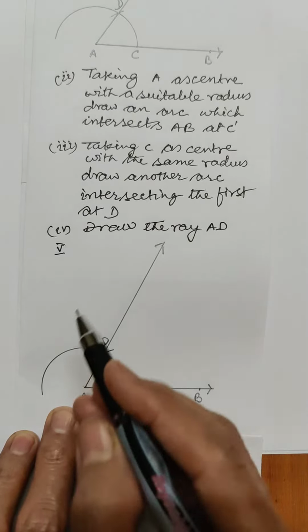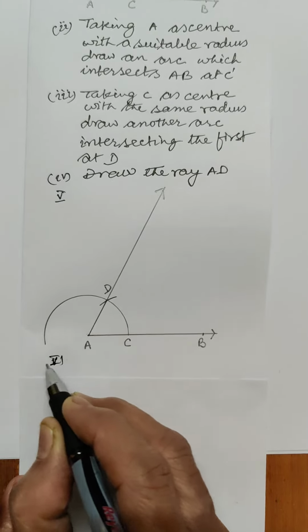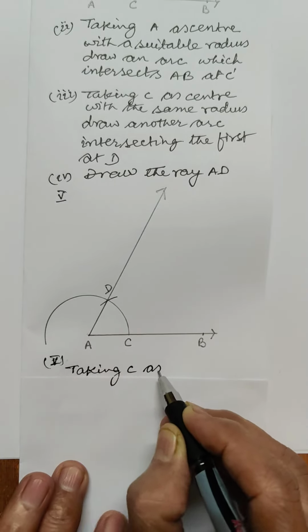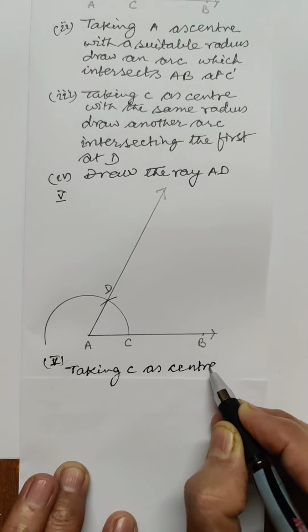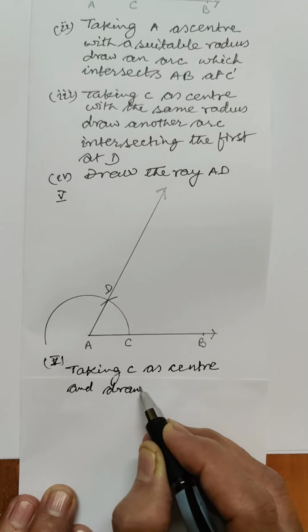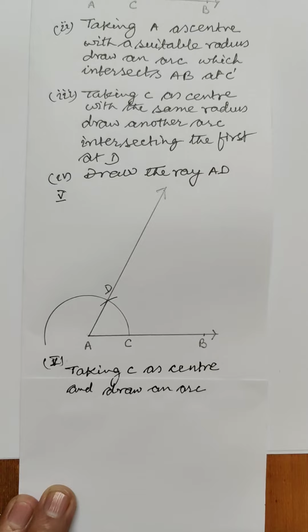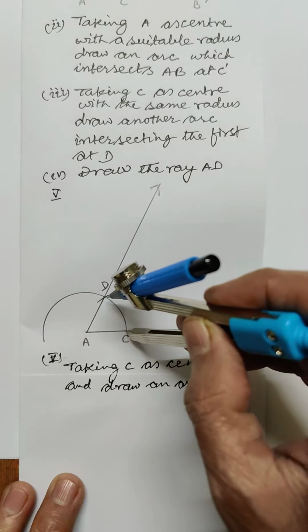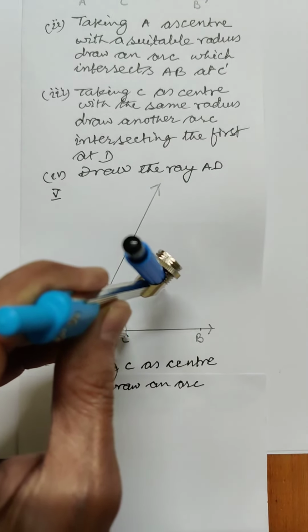So in the 5th step, taking C as a center and drawing an arc having a distance more than half of CD.